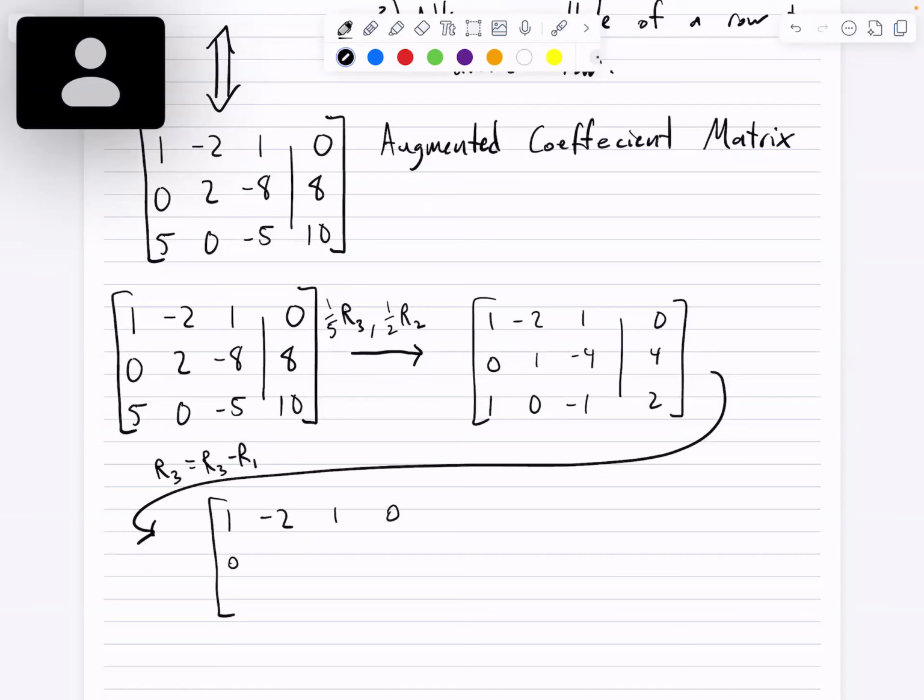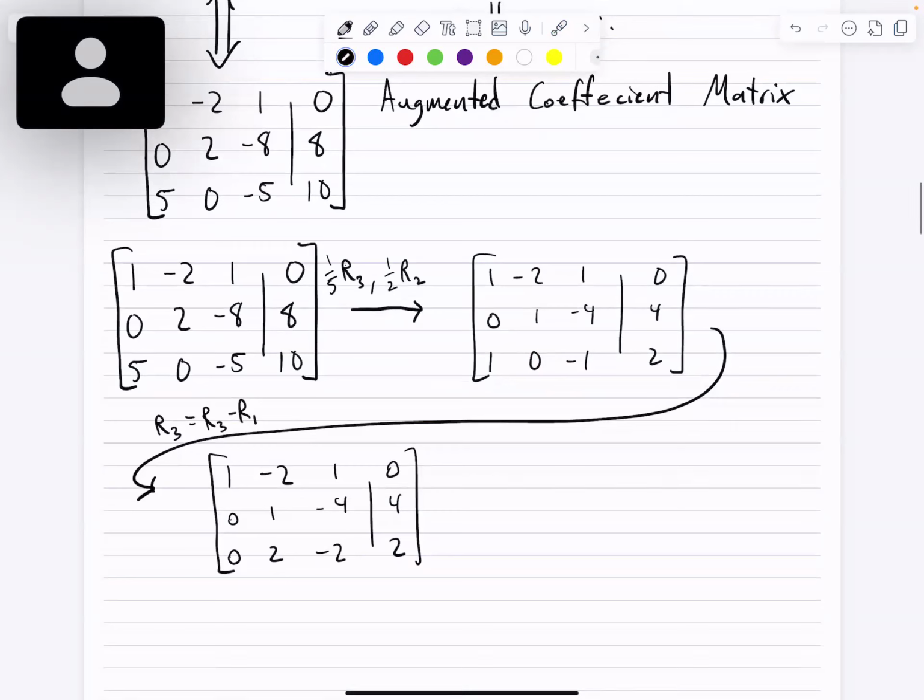0, 0, 1, -4, 4, and then subtracting 0 from -2 means adding 2, subtracting -1 from 1, or I guess subtracting 1 from -1 gives me a -2, augmented with, subtracting 0, this would still be 2.